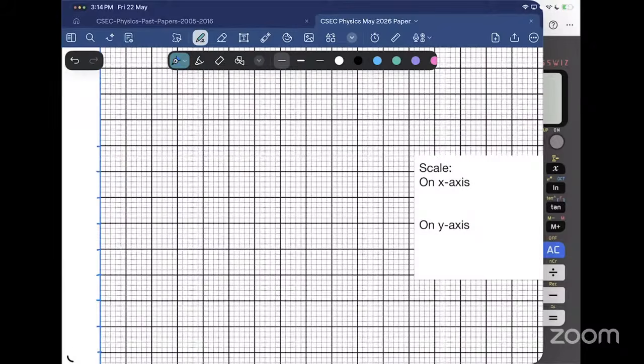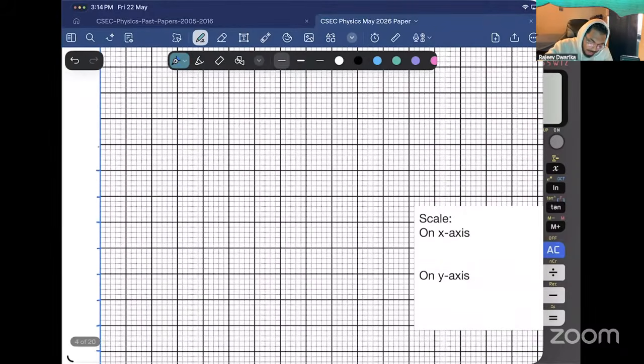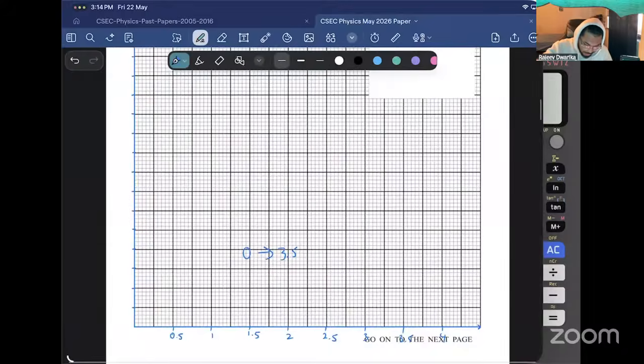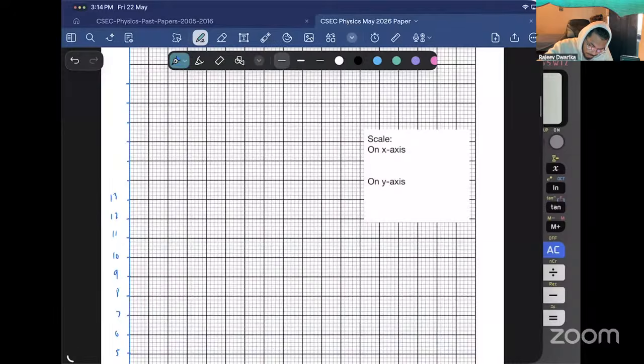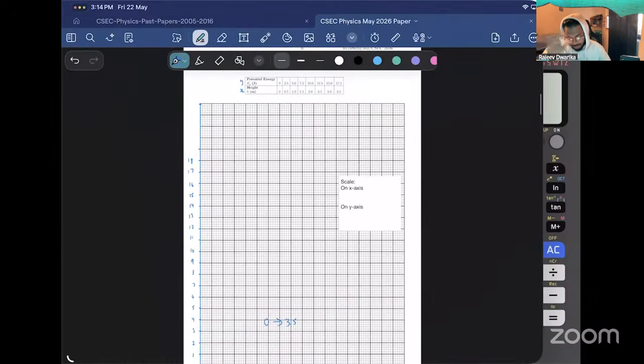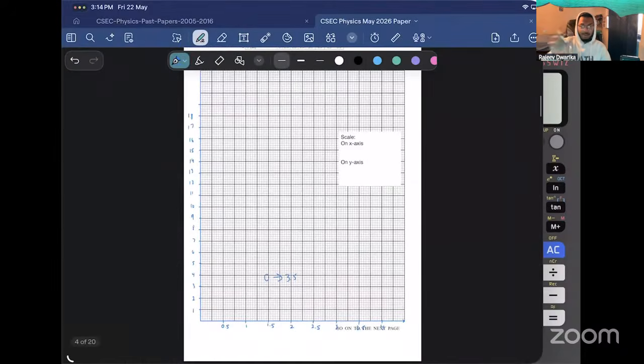Too much sweat. You have to do all of this on the exam. 2, 3, 4, 5, 6, 7, 8, 9, 10, 11, 12, 13, 14, 15, 16, 17. I'm only going up to 18 because that's all they really need. They will do the full thing in the exam.